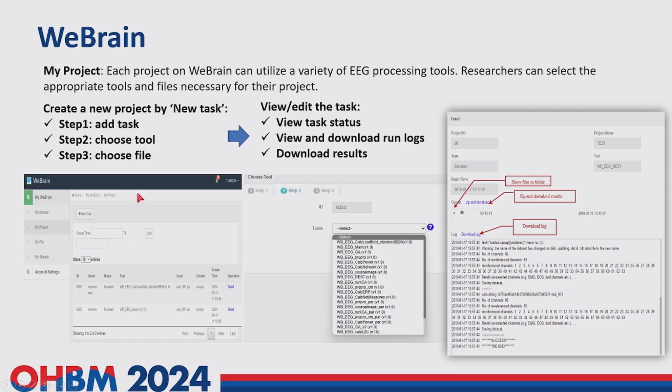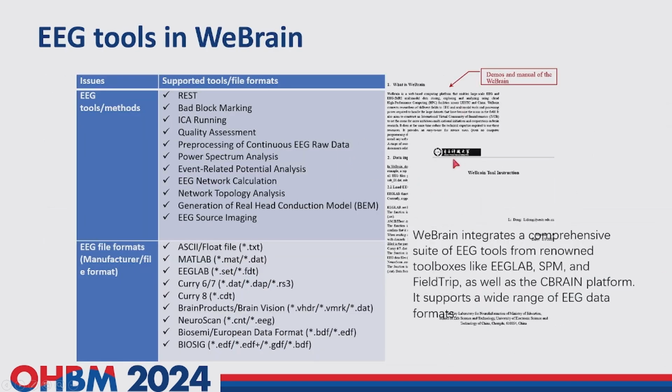Step 1 is adding the task, filling in the name or some descriptions. Step 2 is to choose the tools and the EEG pipelines you want to use. Step 3 is to choose the file you want to process. Also, you can view or edit the task here.